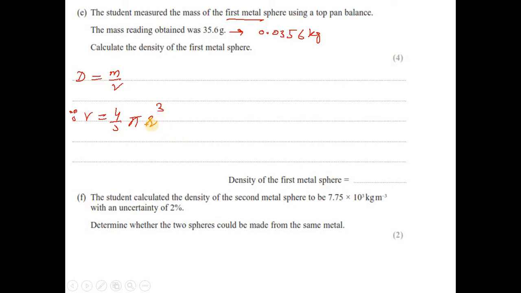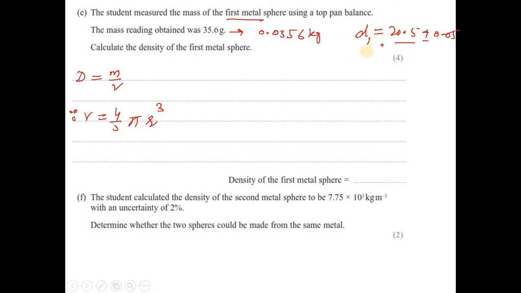So we have the diameter d1 of the first sphere, which is 20.5 plus minus 0.05. So this is the measured diameter, and you can use this diameter here.